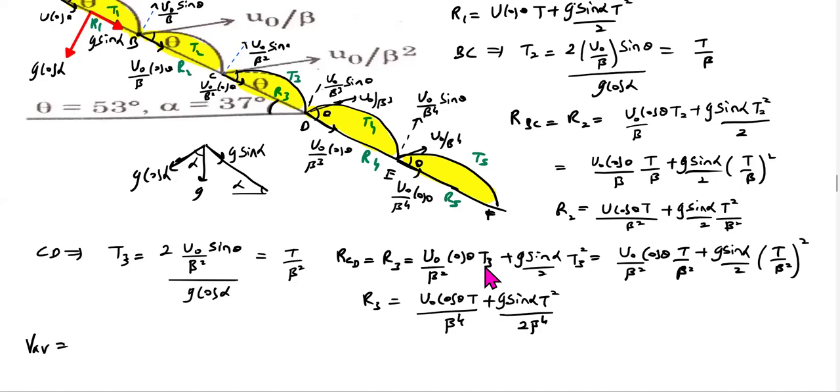V average equal to total distance covered: AB, BC plus CD plus DE and so on, by time taken to move from A to B, TAB.